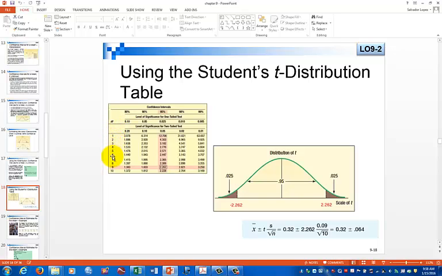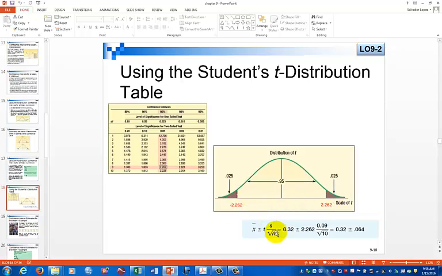So go down the degrees of freedom, stop at 9 degrees of freedom, read across and stop right under the 95% confidence. If the confidence were 98, you would read 2.821. If it were 90%, you would read 1.833 for the same degrees of freedom. In this case, the t value is 2.262. This is equivalent to our z value before, and it is here to the right and here to the left, plus minus.